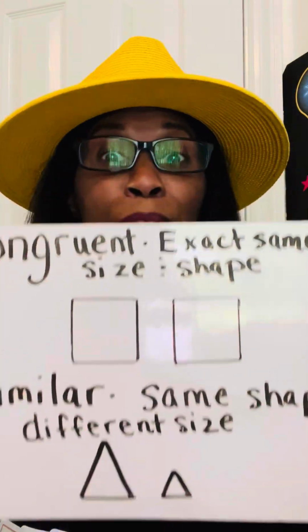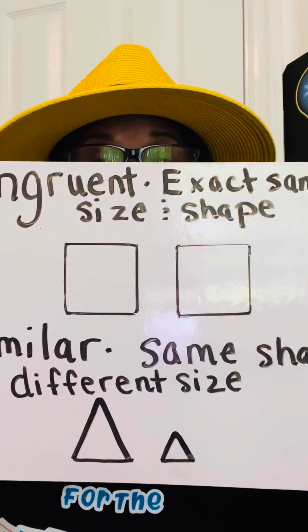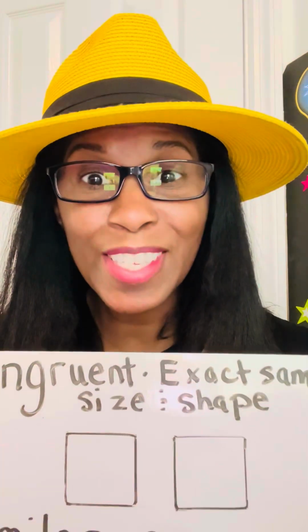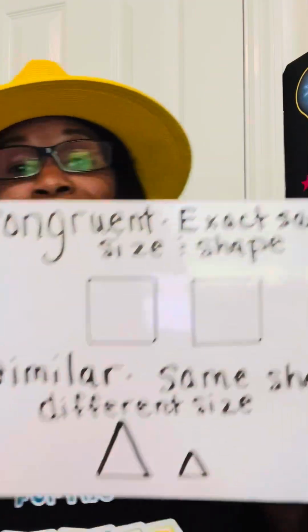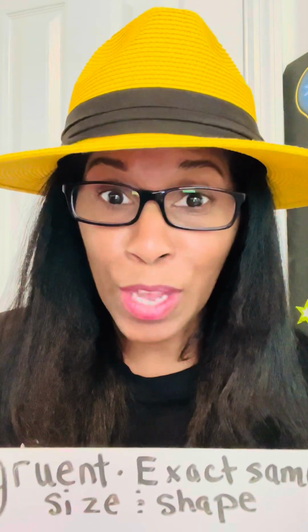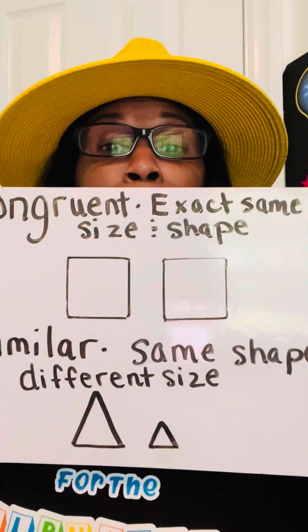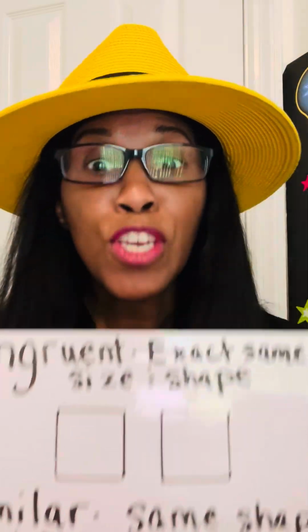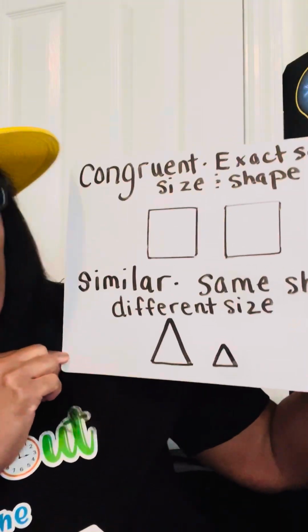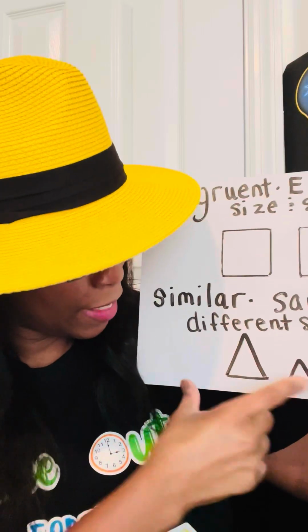Are they the same type of shape? Yes. What shape are they? Yes, they are triangles, but are they the exact same size? No. As you can see, they look very similar, but they are not congruent because they're not the very same size.